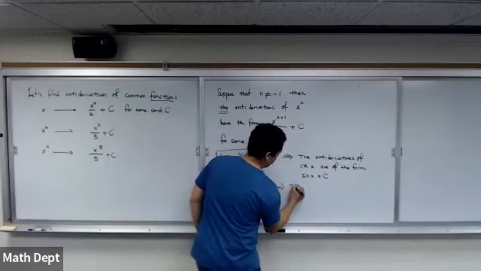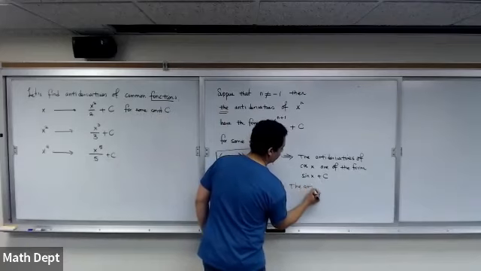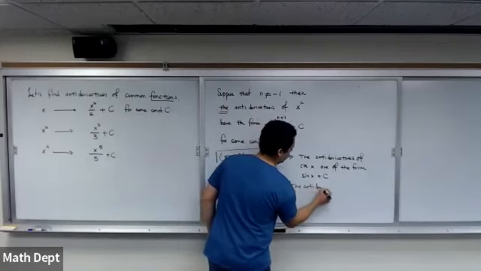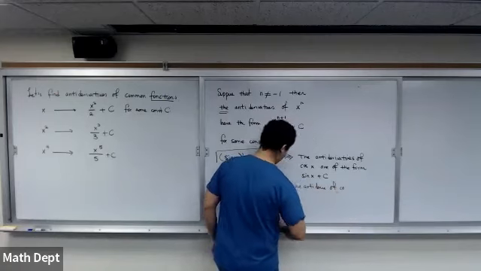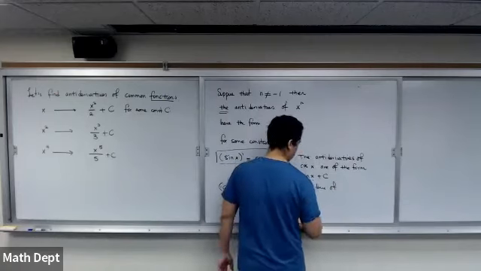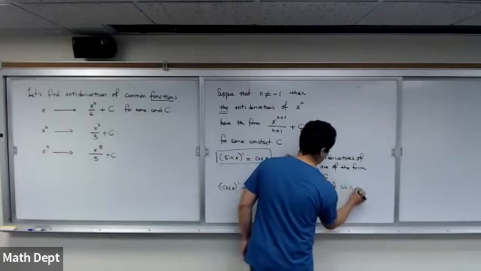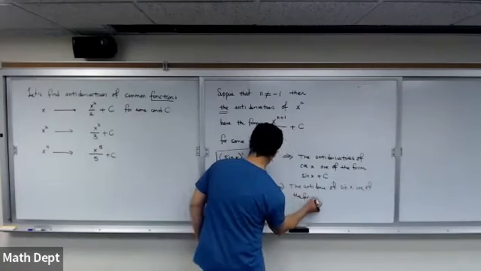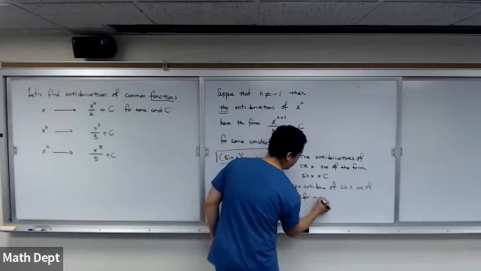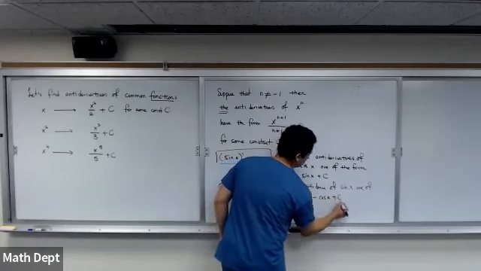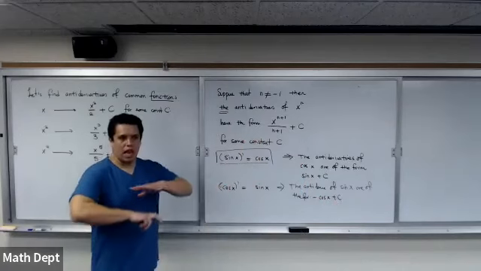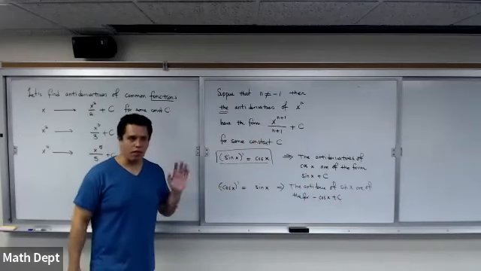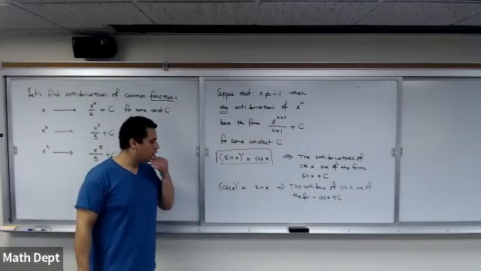You say the antiderivatives of sine of x are of the form negative cosine of x plus c. And we can play this game for all the rules that we have in terms of differentiation.